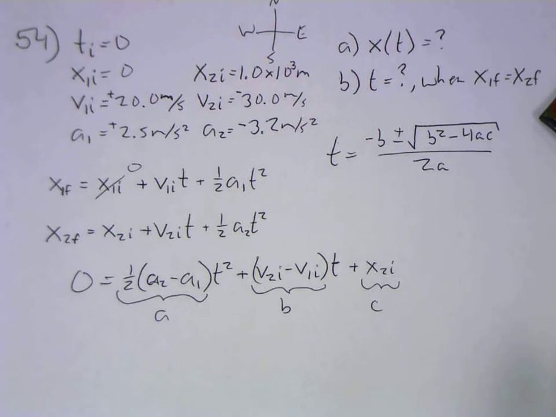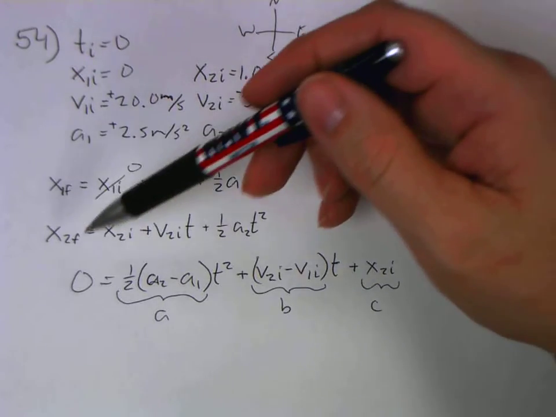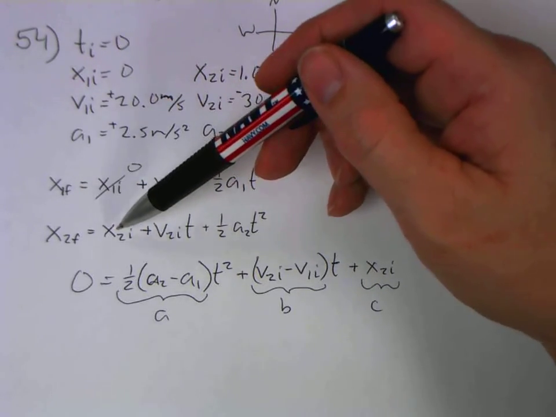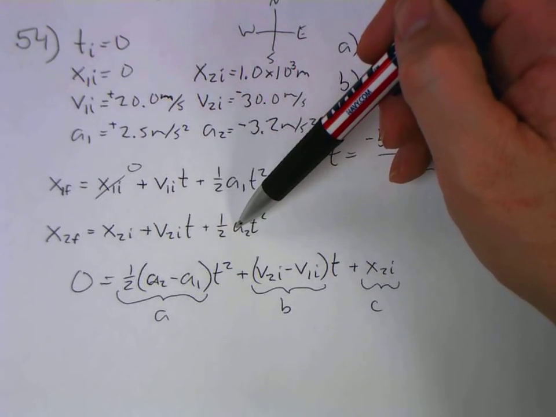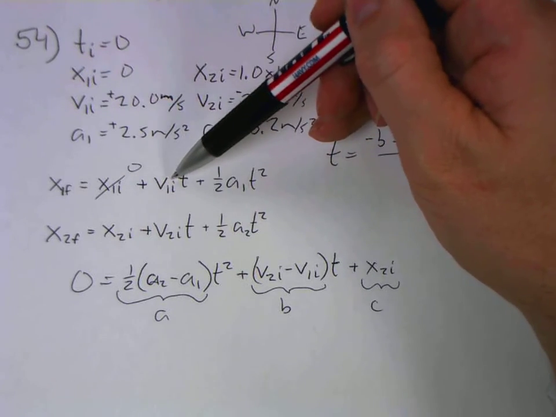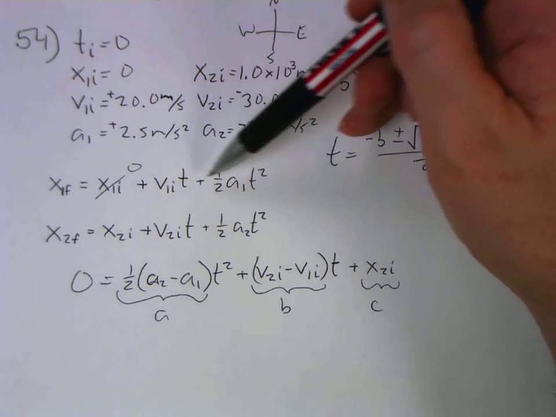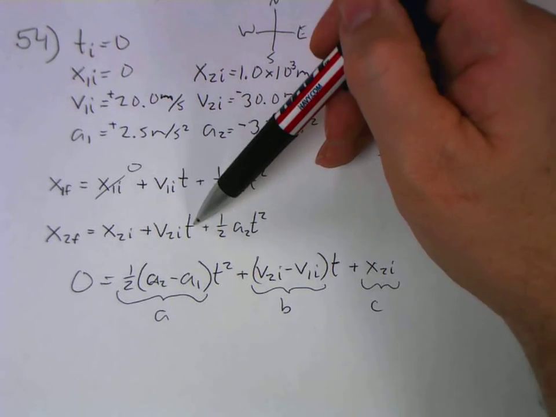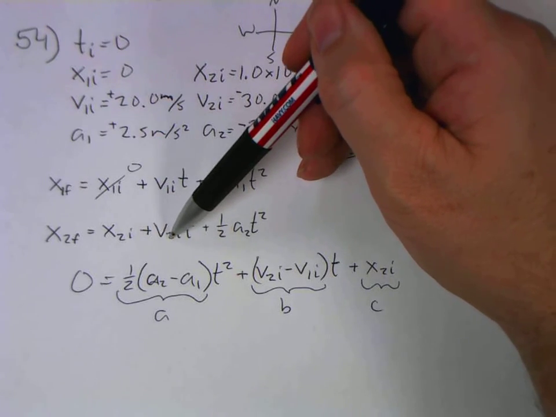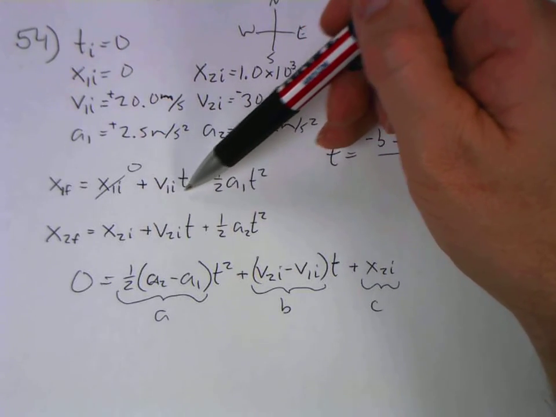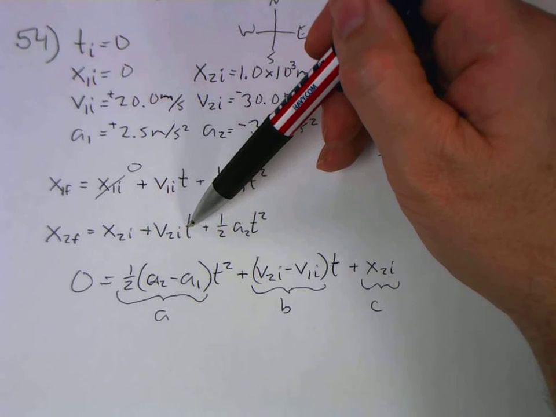Okay. What I did is I set this equal to this. So I've got this term plus this term plus this term equals this term plus this term. Right? Then I wanted to get them all on one side, so I subtracted this one and this one over to the other side. So I ended up with v2 initial minus v1 initial multiplied by t.